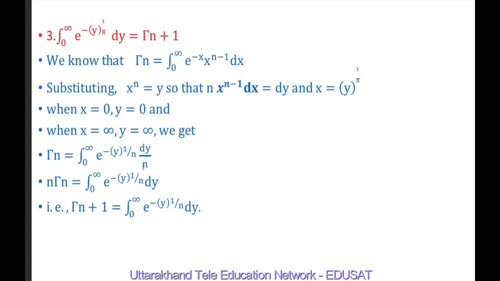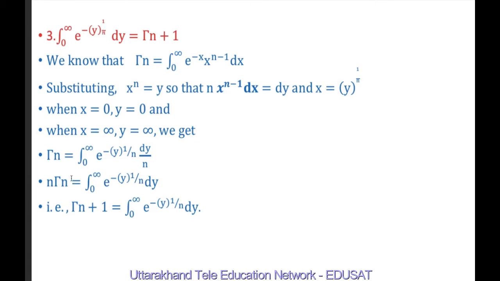Here I have substituted the values x raised to n equal to y and n x raised to n minus 1 dx equal to dy, because e raised to power minus x raised to n is e raised to power minus y, and x raised to n minus 1 dx, shifting this n to this side, will be dy upon n.